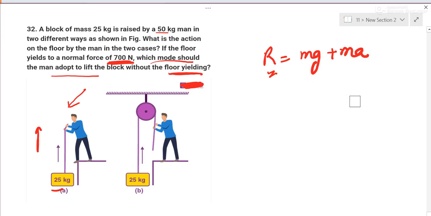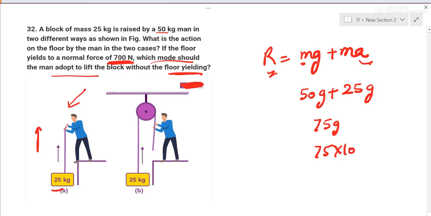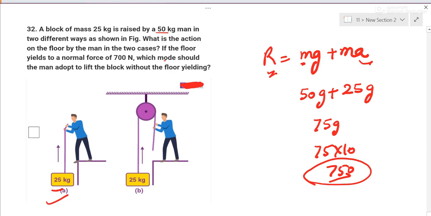Or differently, you can take 50 g and 25 g, so it's 75g. Now 75 into 10 is 750. So in the first case, the force is going beyond 700, so the floor may yield. The floor will yield, so the first case should not be adopted. In the first case, the force applied is upward.